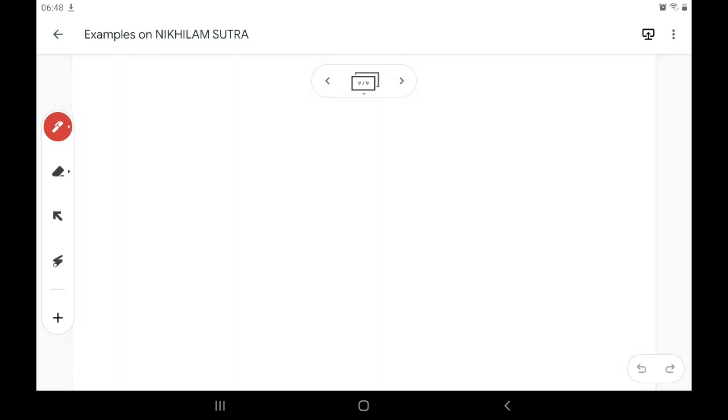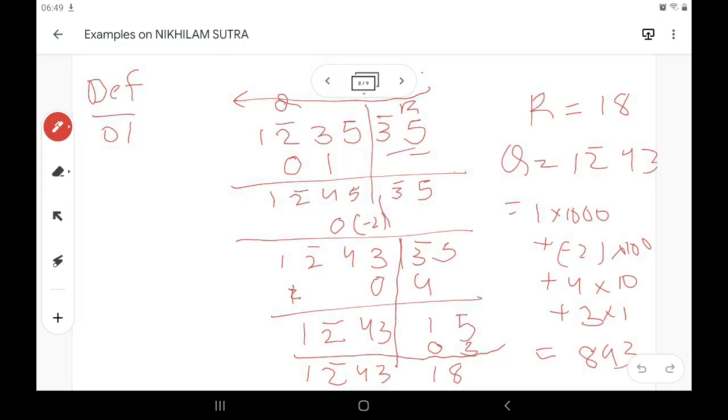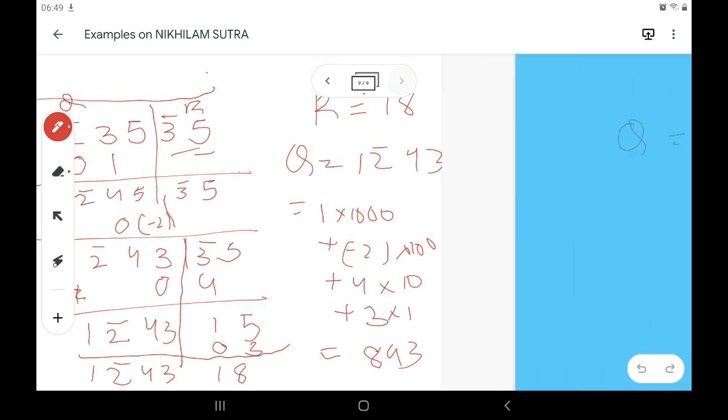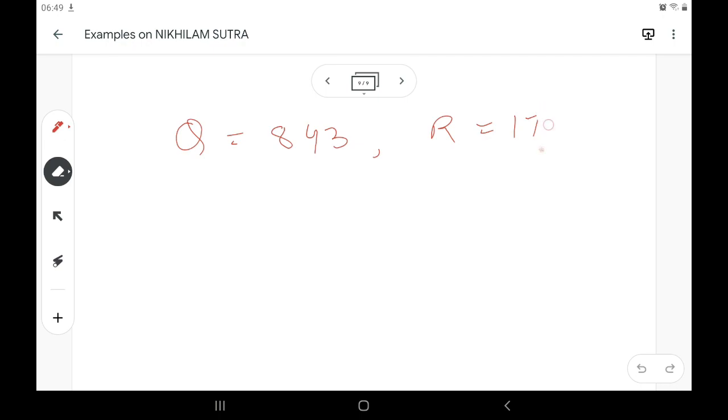So our quotient and remainder obtained when 83475 is divided by 99 is quotient will be 843 and remainder will be 17. Wait, remainder is 18. Sorry. Remainder is 18.